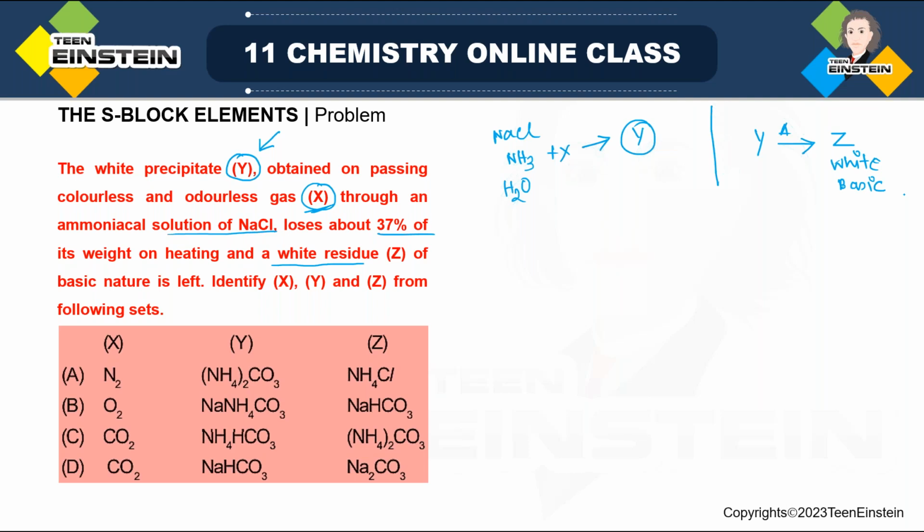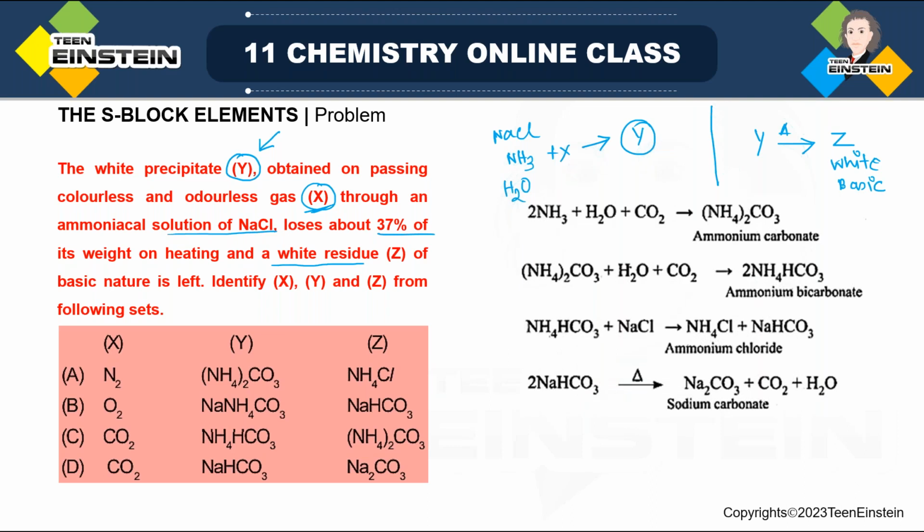Now if you look at the options for X, there are 3 gases: N2, O2, CO2, all of them colorless, odorless, fine, but N2 and O2 are obviously not correct. It is basically carbon dioxide, and the process is basically the Solvay process.